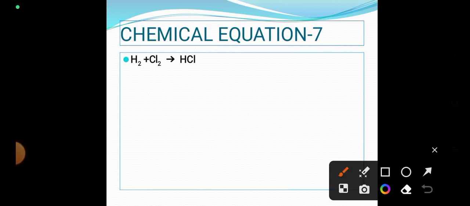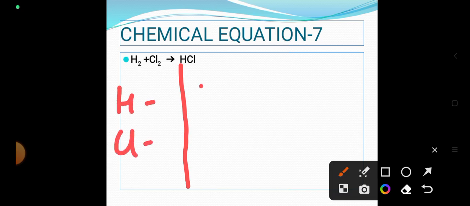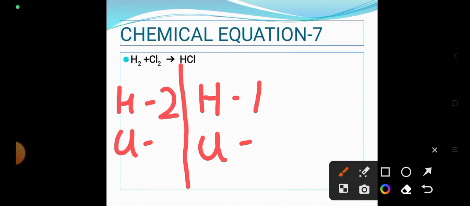Similarly, one more very simple equation, we have hydrogen and chlorine giving rise to hydrochloric acid. It's a combination reaction wherein two reactants combine to give rise to a single product. So again here if we talk about the elements participating, hydrogen and chlorine, and elements formed again hydrogen and chlorine. So on reactant side, hydrogen diatomic molecule is 2, and on right hand side it's 1.